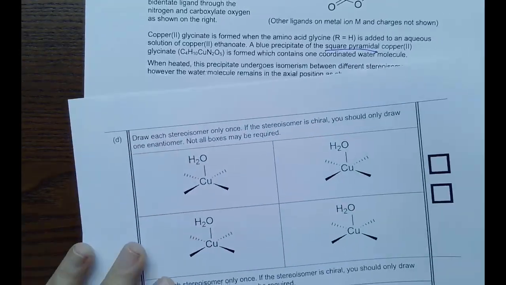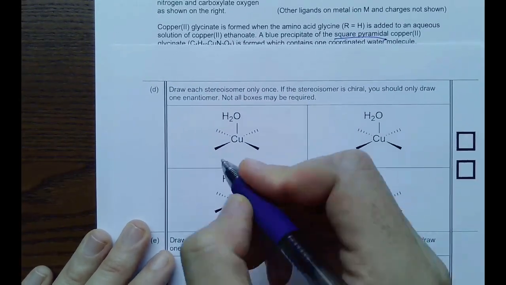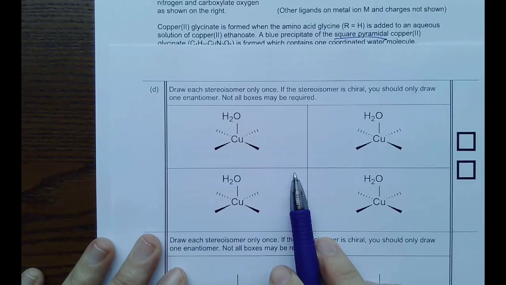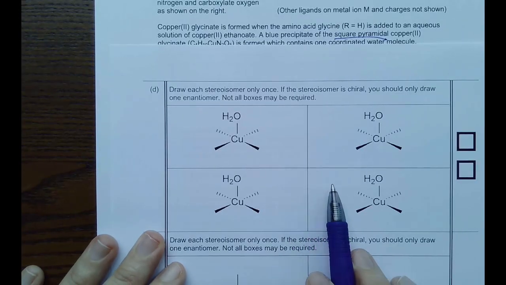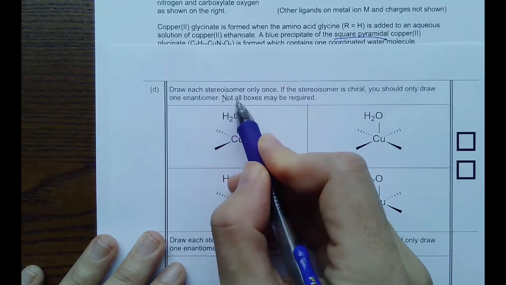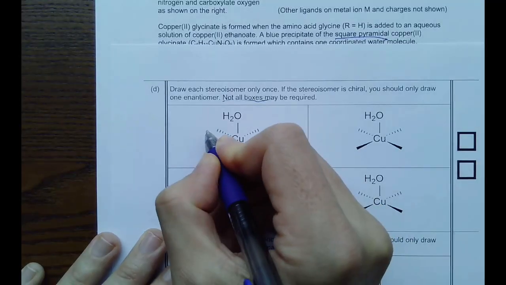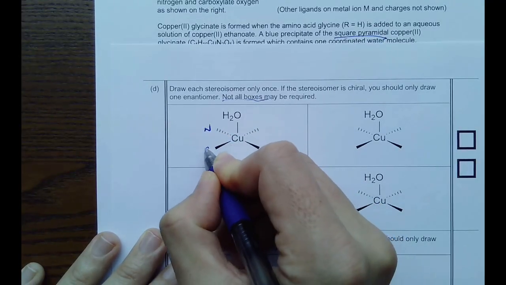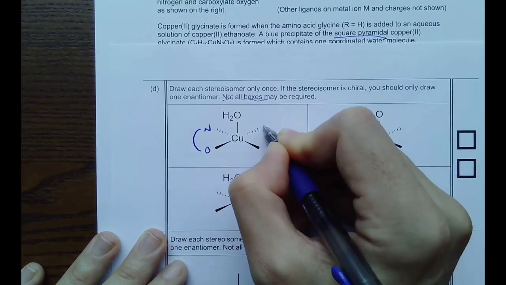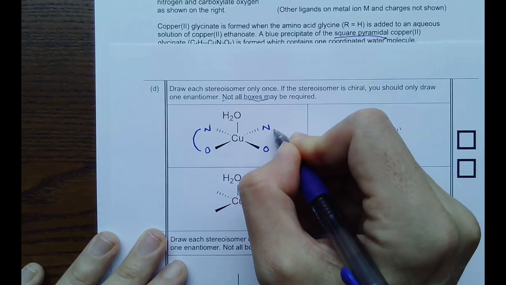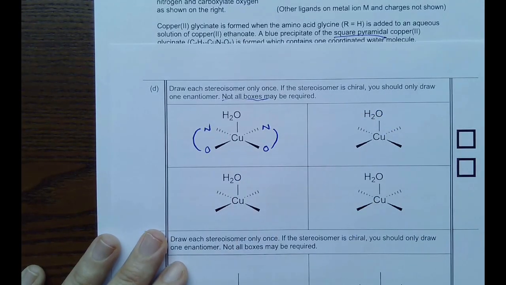So we go, and this is I sort of love and hate when they do this, when they give you 4 and they say not all boxes may be required. It's a real bit of a teaser from the Olympiad people here. So we can just quite easily go in and say, well, I can definitely have that. That's going to be 1 isomer.